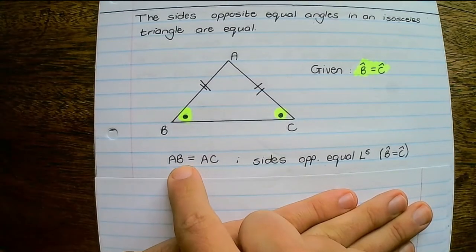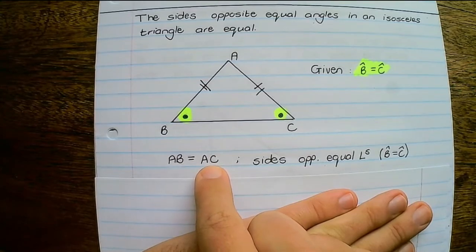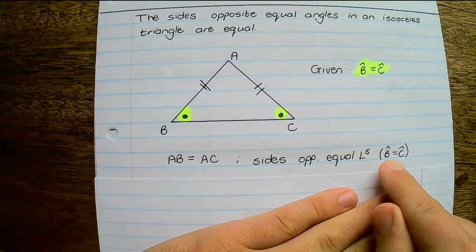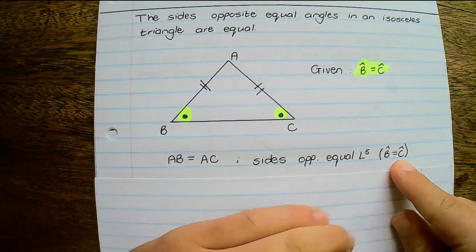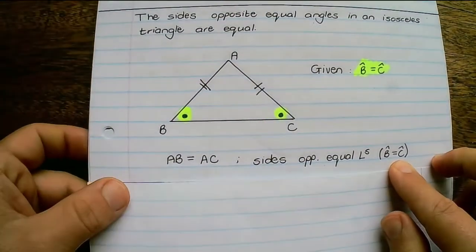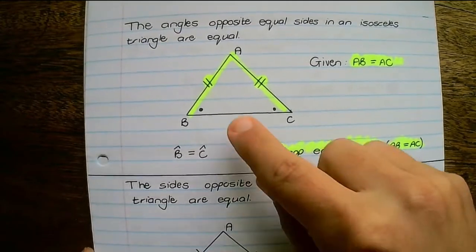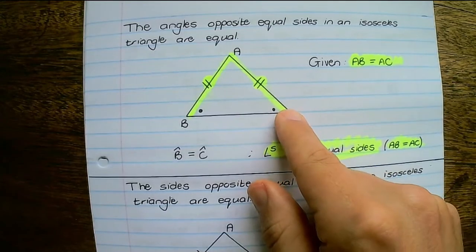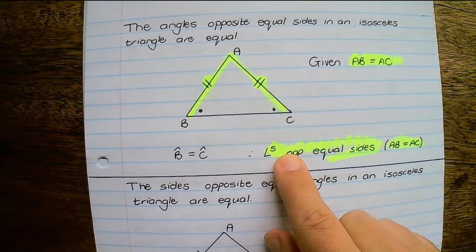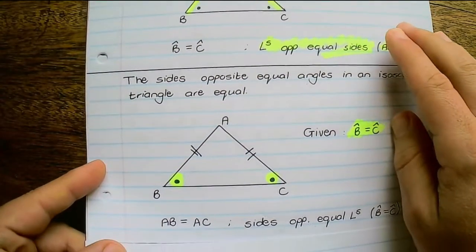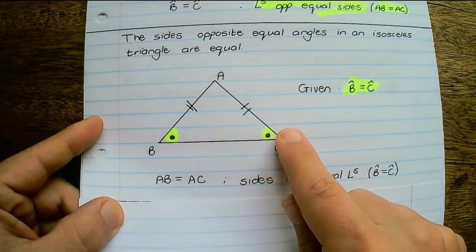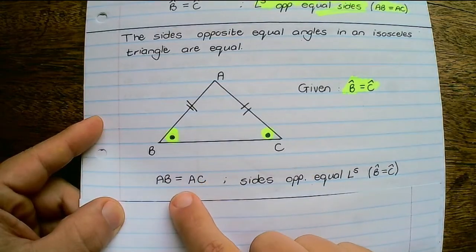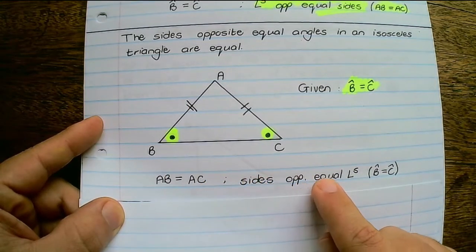So AB is equal to AC, and now we are saying sides opposite equal angles, because angle B is equal to angle C. If we compare that to the previous example, in the previous example, we were given the sides that are equal, and therefore we can conclude that the angles are equal, and we say angles opposite equal sides. And now we are given the angles are equal, and we say that the sides AB and AC are equal in length, therefore sides opposite equal angles.